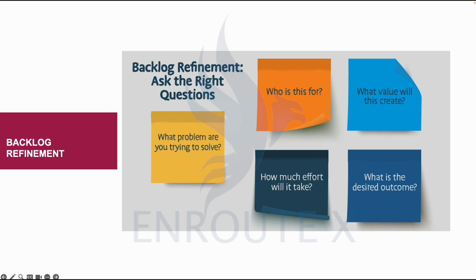So what happens during the backlog refinement meeting? The backlog refinement meeting is a scheduled meeting to plan for future sprints in Scrum. The backlog refinement meeting is an adaptive meeting.